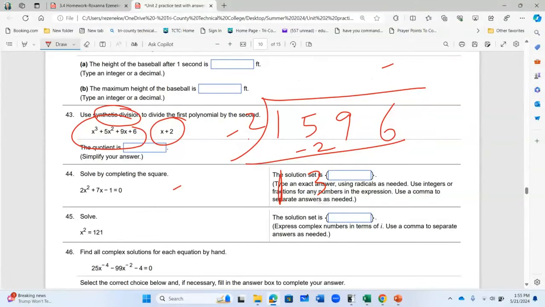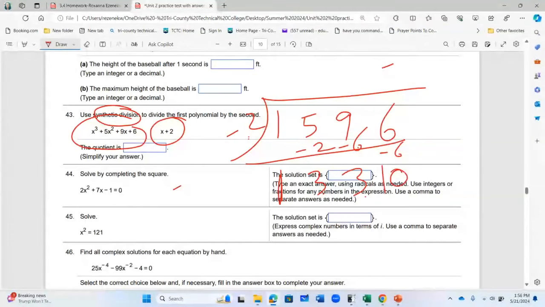Negative 2 multiply 3 is negative 6. Add that negative 6 here. 9 plus negative 6 is 3. Negative 2 multiply 3 is negative 6. Add that negative 6 here. If you add it up, you see 0.